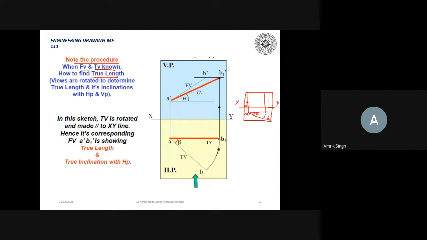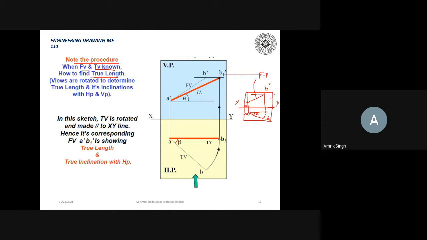And the front view is also given. So the front view position, you will draw, that means the locus will be here. I will say the point B dash is lying here. So this B dash will be given. When you draw it, this will become the front view.